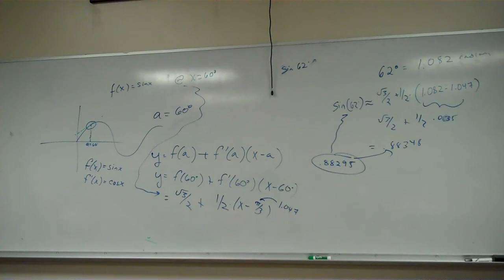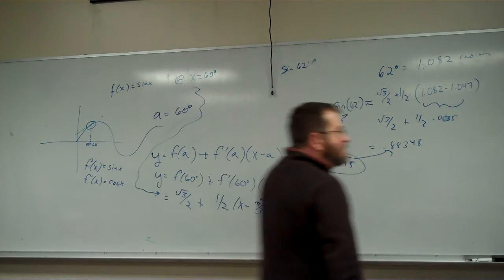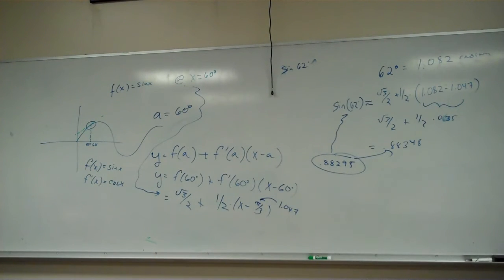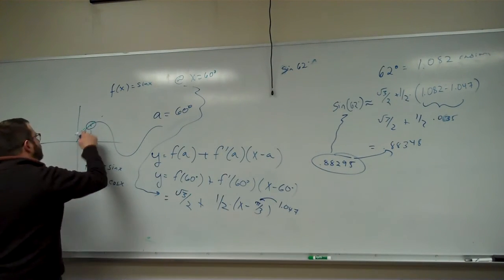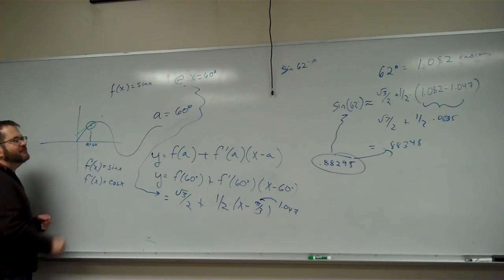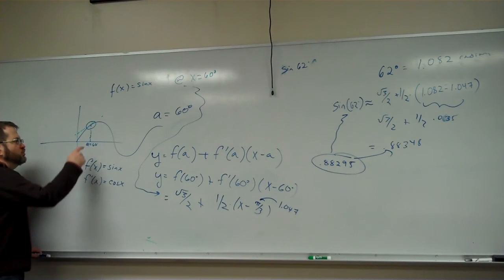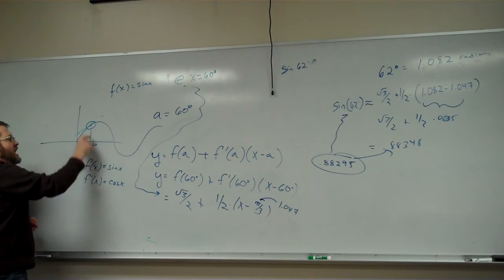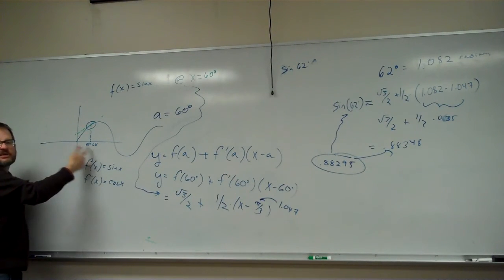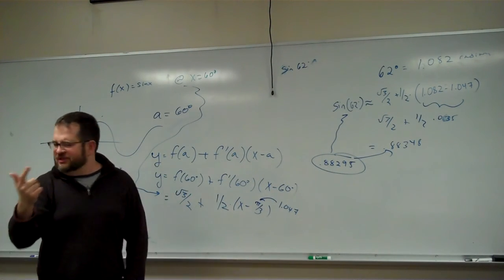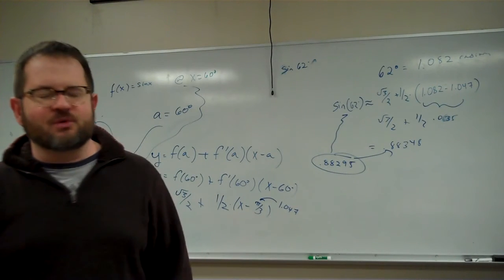In fact, we could have made an even better approximation with more techniques that we're not going to learn at this exact moment. But this is a pretty slick trick of figuring out values. As long as you know the value of something nearby, you can make an approximation. Here we knew the sine and the cosine at 60 degrees are easy: the cosine is a half and the sine is square root of 3 over 2.